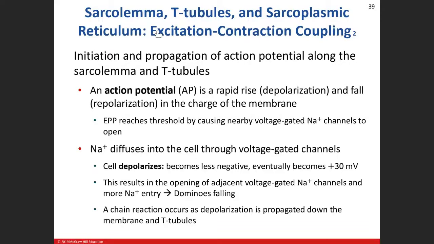And that whole scenario will occur all the way down the sarcolemma, like we saw in the axolemma. The adjacent voltage-gated sodium channel will open up, and then the next one, and then the next one, and then the next one. All those dominoes will fall. It's a chain reaction. It goes all the way down.